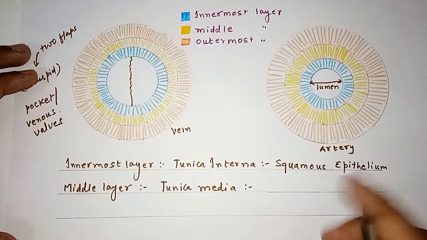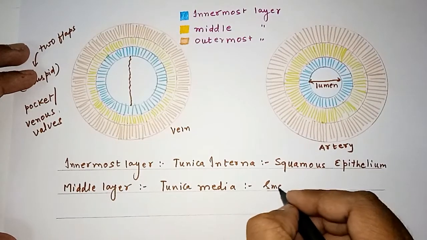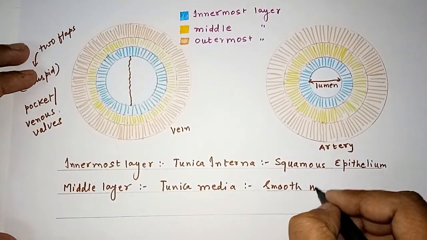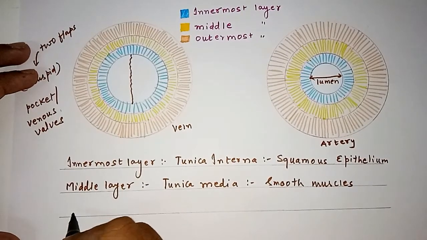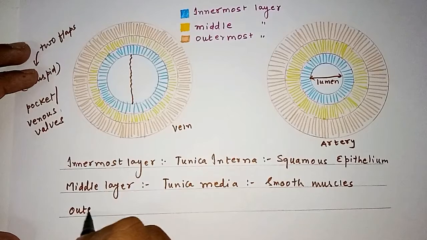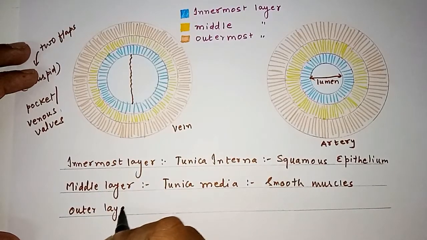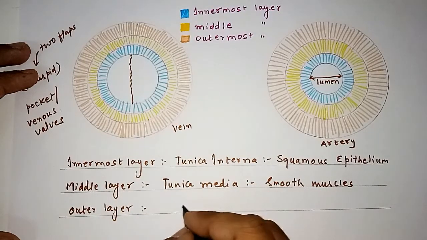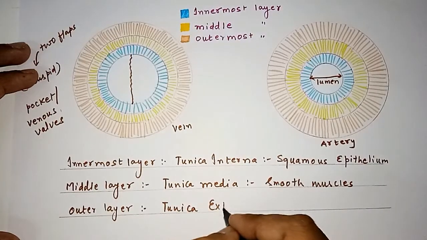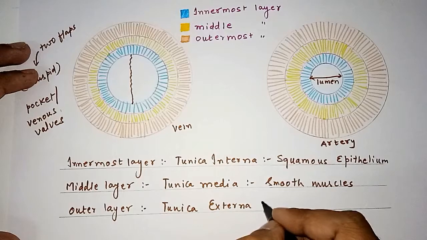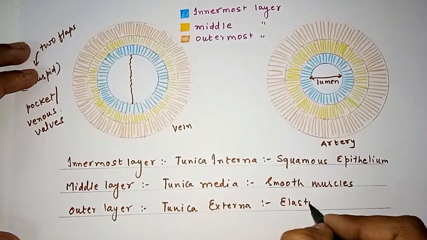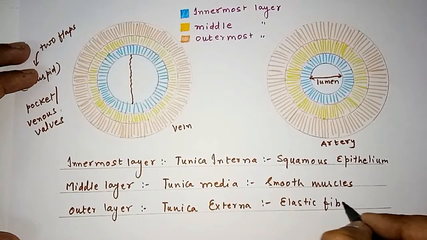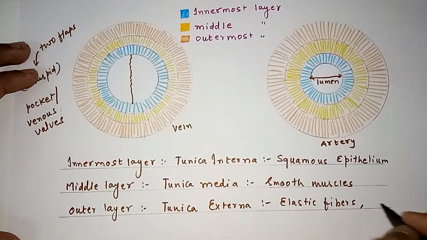That is actually made up of smooth muscles, and the outer layer is called tunica externa. That is made up of elastic fibers as well as connective tissues.